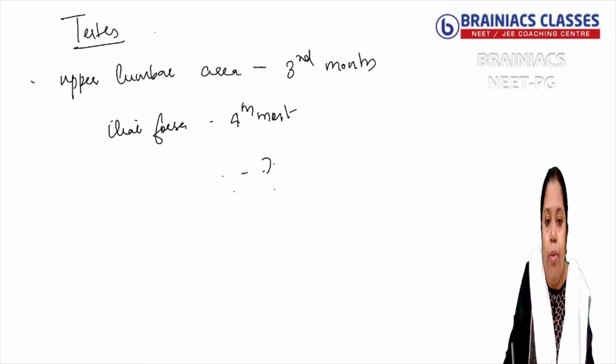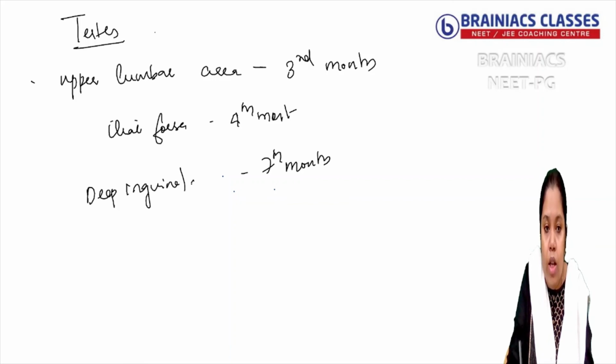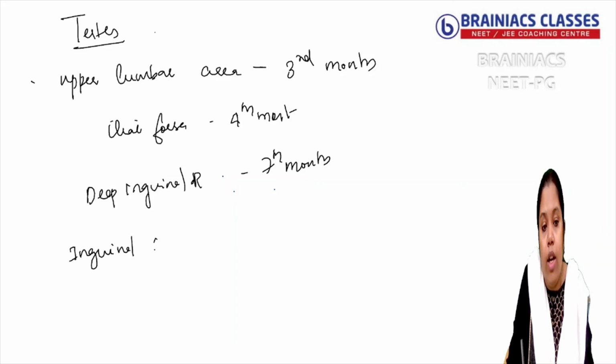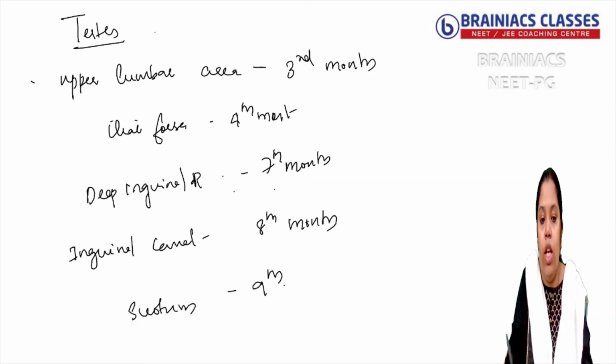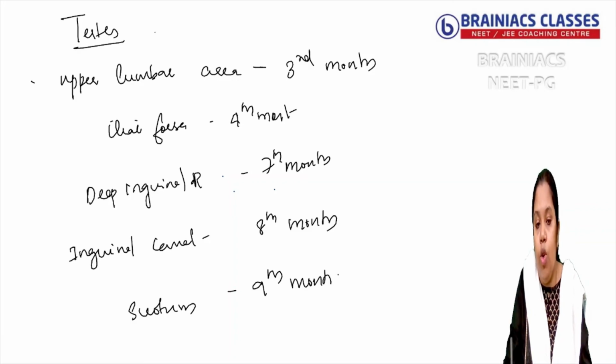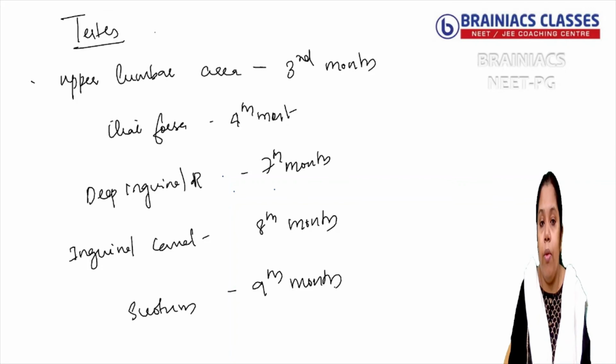By the 7th month, it reaches the deep inguinal ring, and it reaches the inguinal canal by the 8th month, and by the 9th month it reaches the scrotum. This is the descent of testis, and failure of descent of testis will lead to cryptorchidism, or undescended testis.